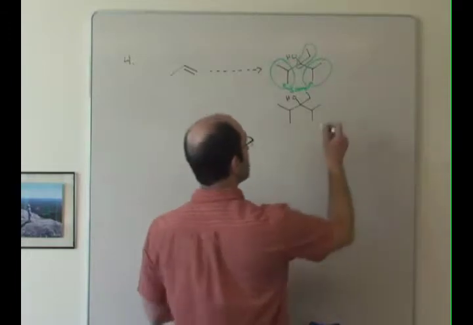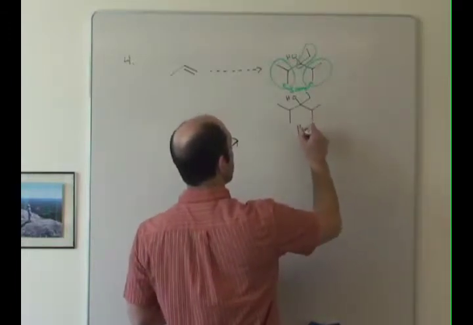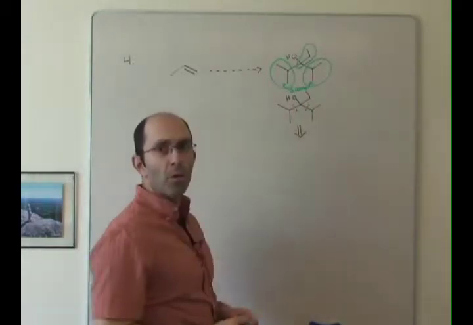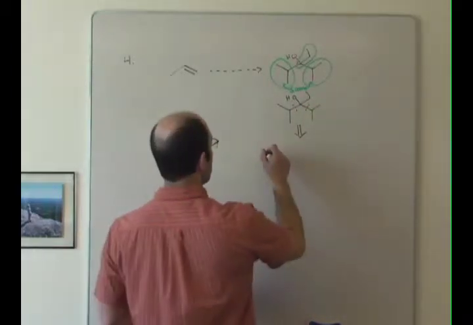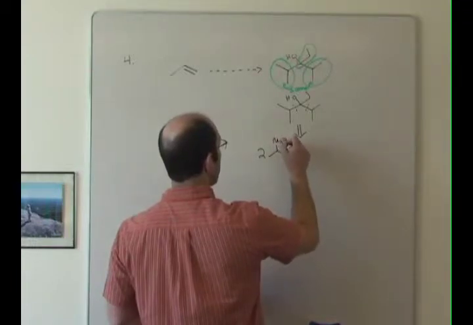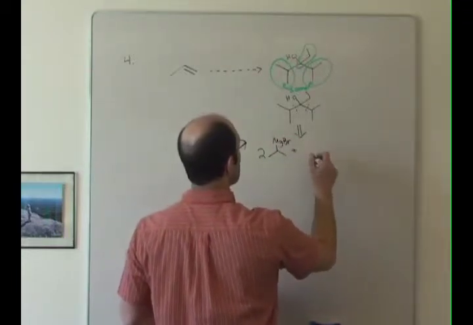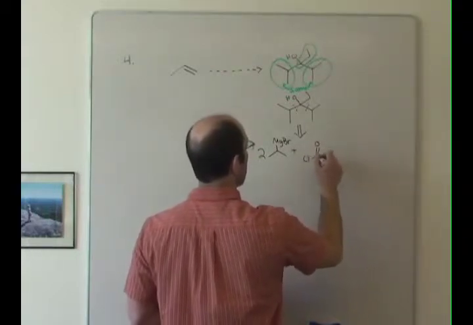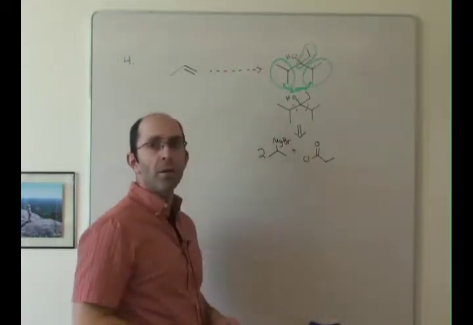Because you could imagine, thinking retrosynthetically, that those 2 pieces could come in one reaction where you have 2 equivalents of isopropyl Grignard reacting with 1 equivalent of an acid chloride, right?